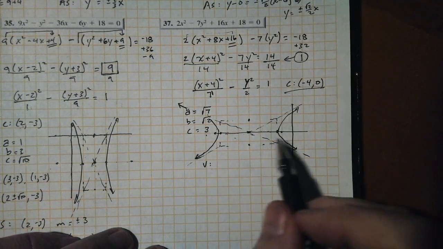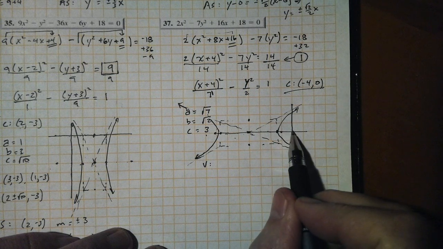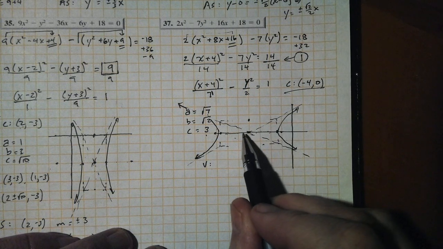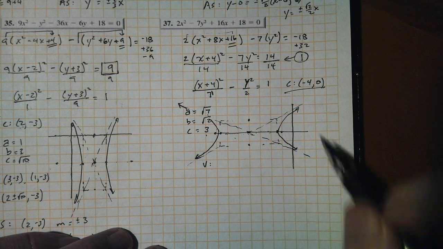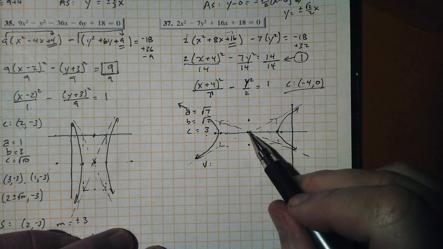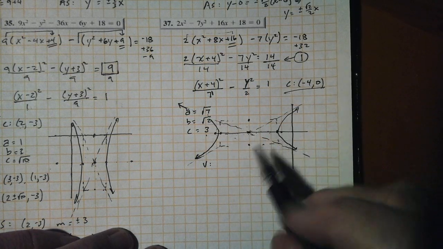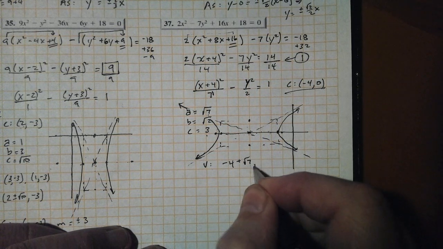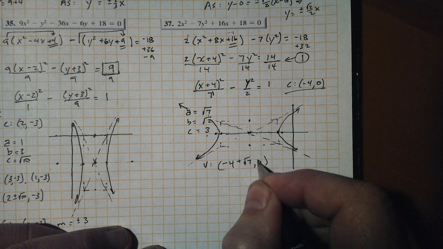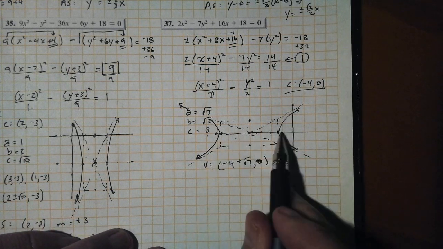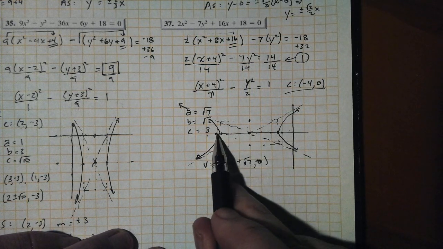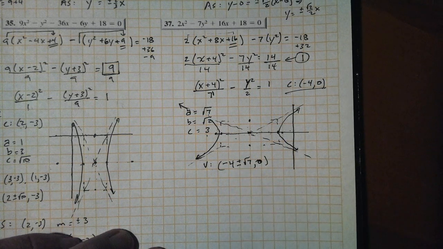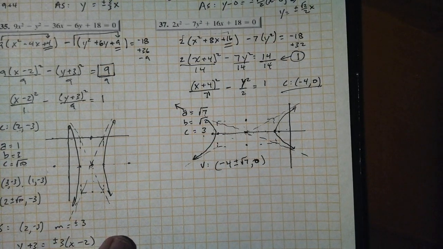Our vertices. To get to this vertex, I went left 1, 2, 3, 4. Yep, that's right. I went left 4 and I came back square root of 7. So that is left 4 and back square root of 7, and we're not up or down. We're at 0. To get to this one, I went left 4 and left another square root of 7 at 0.